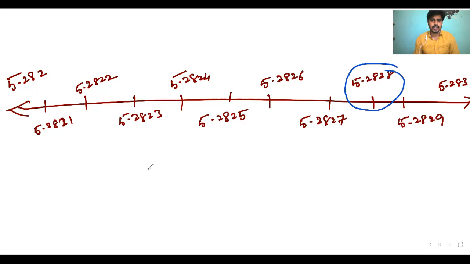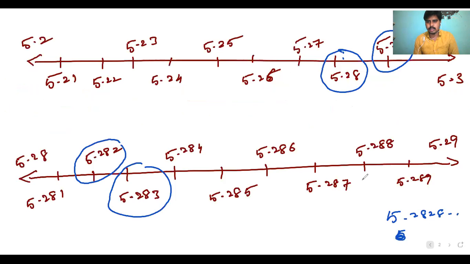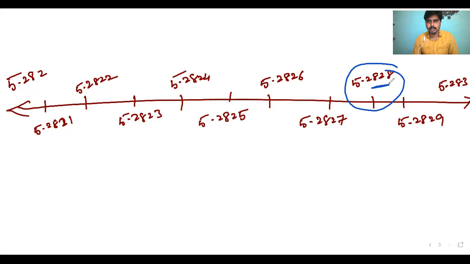So he asked in the question to visualize 5.28 bar on the number line by successive magnification up to 3 decimal places. Already here 3 decimals is over, but still we continued up to 4 decimals. This is the representation of 5.28 bar on the number line.